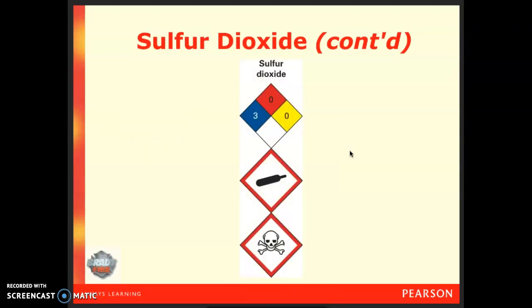Now, as far as some of our placarding and safety concerns, we can see that sulfur dioxide on its own is not flammable. It is not reactive in the sense of being explosive. It's relatively stable. But as far as health hazard concerns, it's a moderately high health hazard. And for those reasons, it gets this toxic skull and crossbones GHS placard as well.